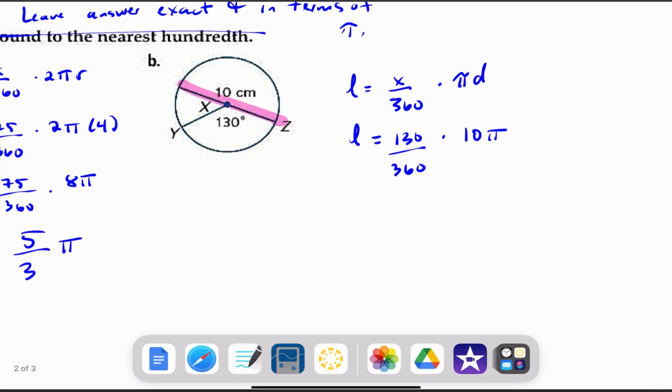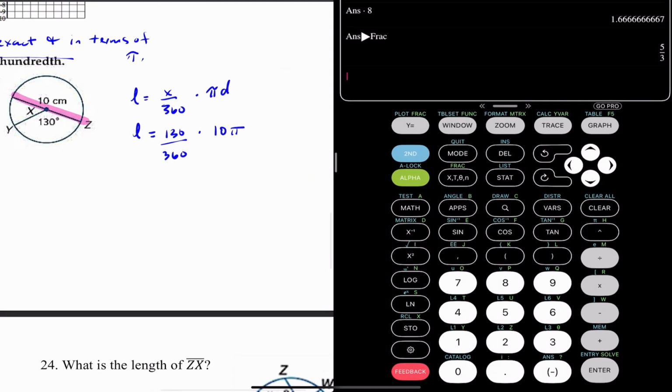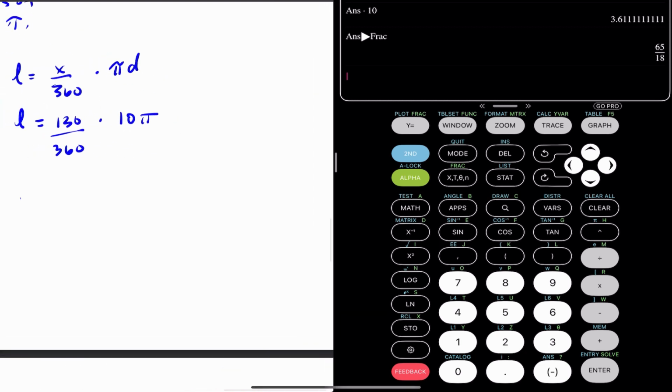Getting the calculator out again, it's going to be 130 divided by 360, multiply that by 10, and then you're going to press math, enter, enter. Your answer is L equals 65 over 18 pi.